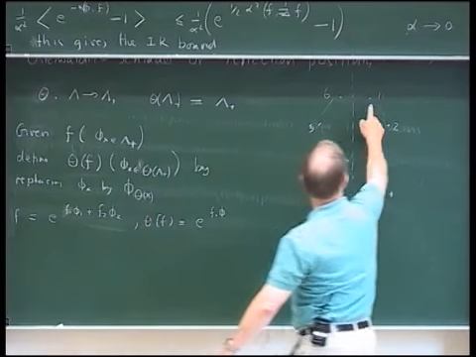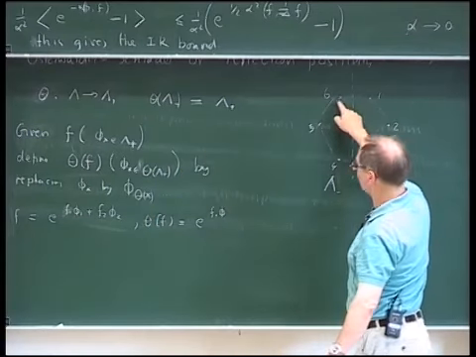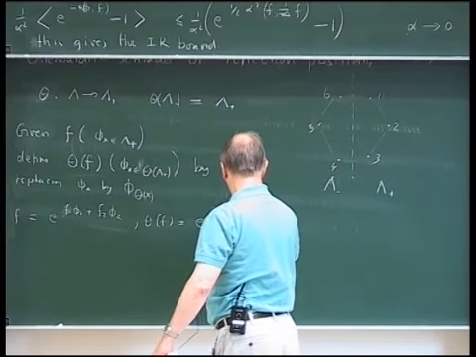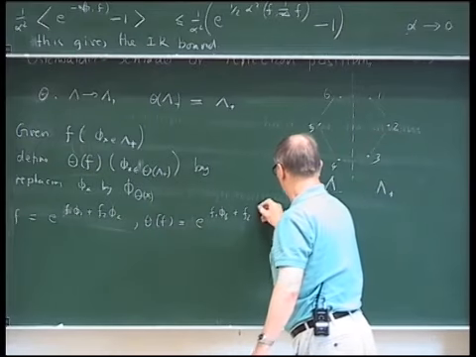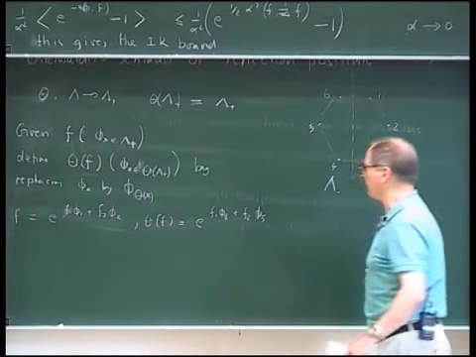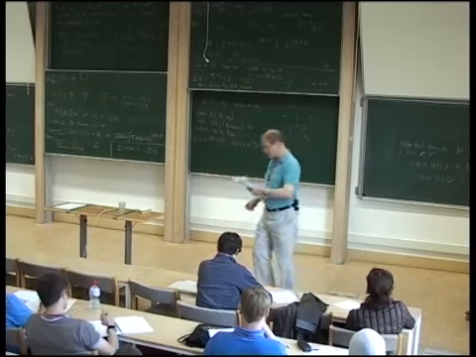Now what does theta do to 1? Theta takes 1 to 6, so you should put phi 6 here. And 2 gets mapped to 5, so you should put phi 5 there. That's how we define theta on functions.